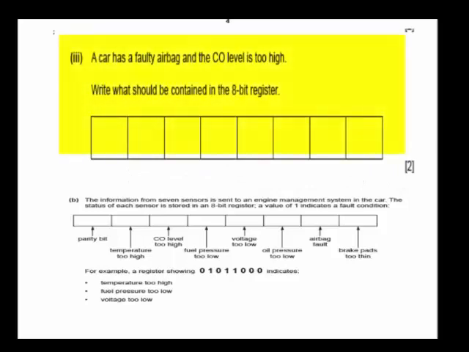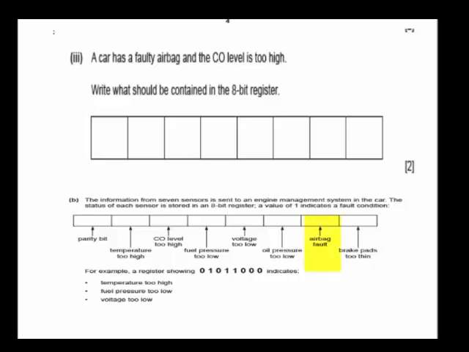A car has a faulty airbag and the CO level is too high. Write what should be contained in the 8-bit register. So here the conditions are given, and an empty 8-bit register is also given, and you just need to match these two conditions with the status-defined register. And where it matches, you just need to write 1.